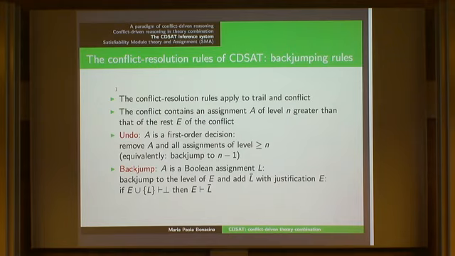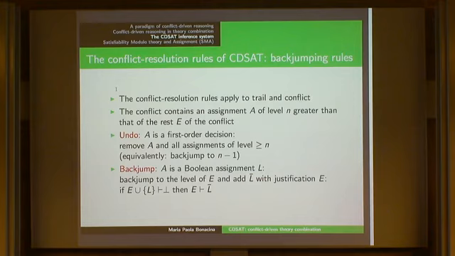They apply to both the trail and the conflict. They apply when the conflict contains an assignment A, which is outstanding with respect to the rest of the conflict, in the sense that its level n is greater than that of the rest of the conflict, so it's greater than any of the other levels that appear in the conflict.